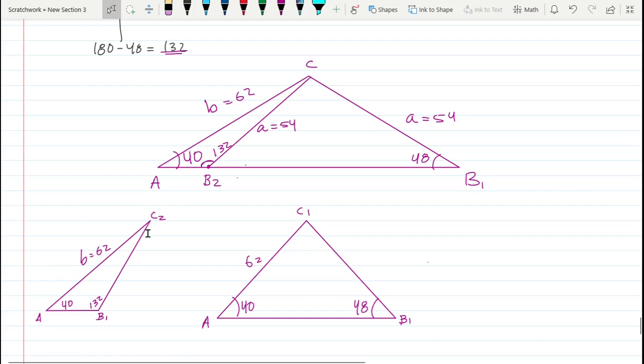However, they have a couple things that are different, right? And that is angle B here, which is the difference between the two.